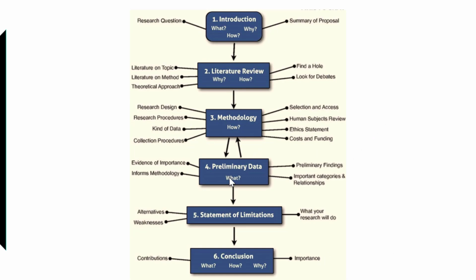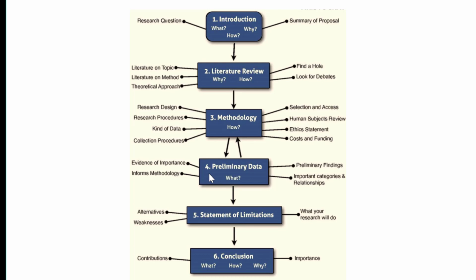The fourth chapter is the preliminary data. We also call this the data analysis, interpretation, or data analysis and discussion chapter. Here you'll have to explain in a tabular format with the statistical data what you have done, what analysis you have done, what numbers you have got, what statistics you have collected, and what tests you have applied to your data. Everything you'll have to explain in this chapter.